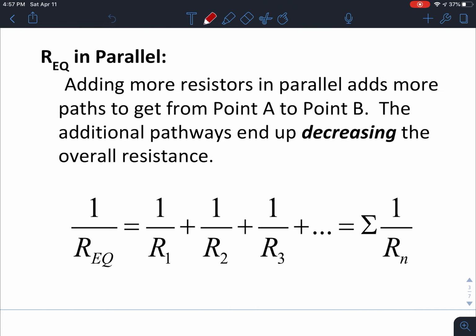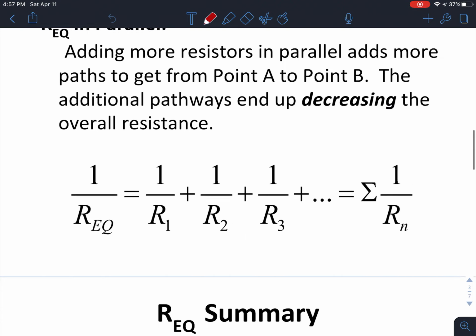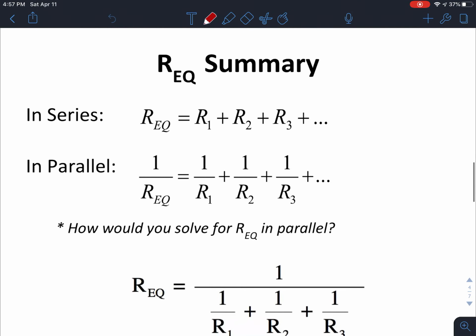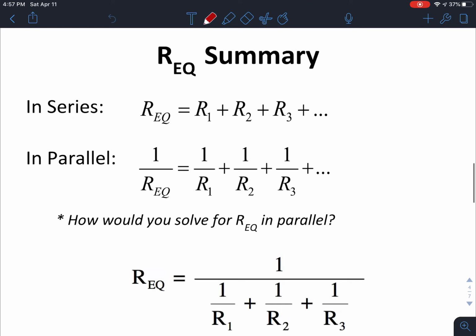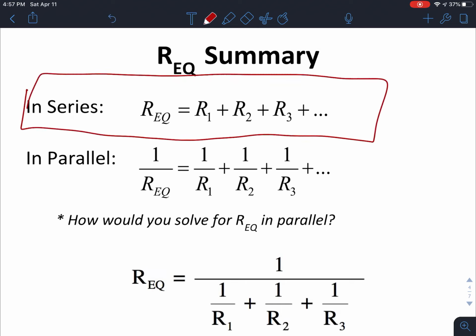Now, what we're going to have to learn before we can apply this is how to do some calculations. So here's the summary. To calculate, if it's a series situation, you just add up the individual resistors. If it's parallel, you actually have to add up the reciprocal of those resistors. So it's the sum of the reciprocals, as you can see here.